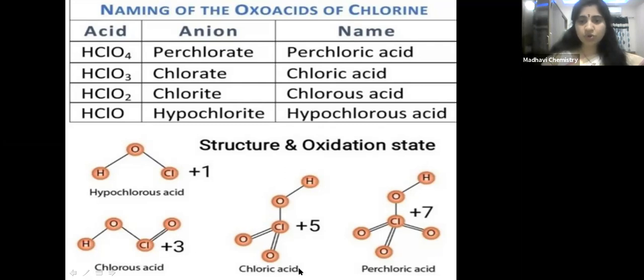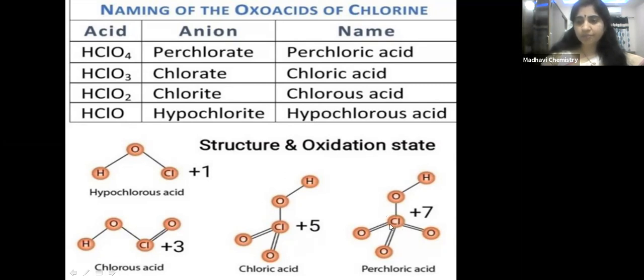Next one is chloric acid. In chloric acid, one oxygen is extra, is it not? So chlorine forms a single bond with OH and two double bonds with two oxygens, and the oxidation state of chlorine in chloric acid is +5. And next one is perchloric acid, one oxygen extra compared with chloric acid.